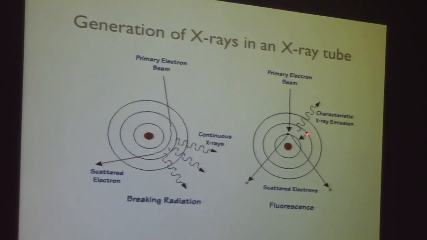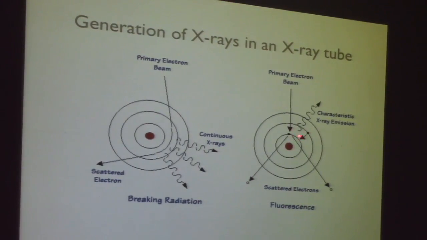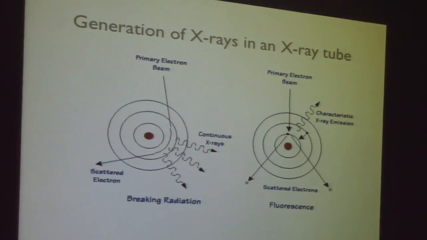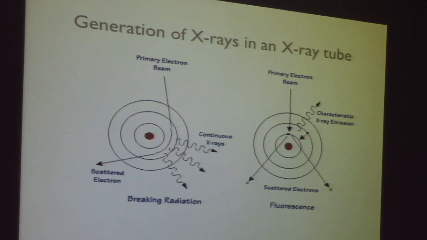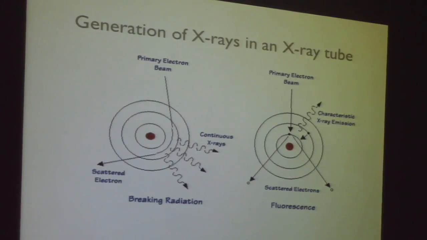So this electron is losing energy, and what it does is it emits an X-ray photon with exactly that amount of energy. That's called characteristic radiation, and it has a very sharp line in the spectrum because it's coming from a very specific transition between the energy levels of the atom.